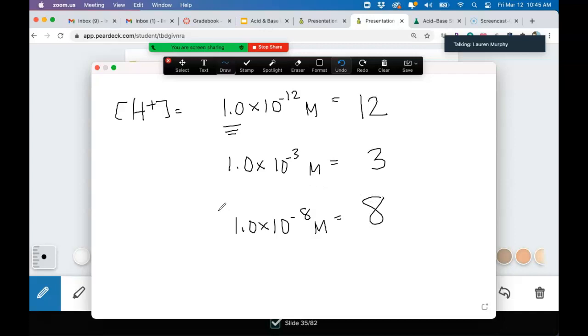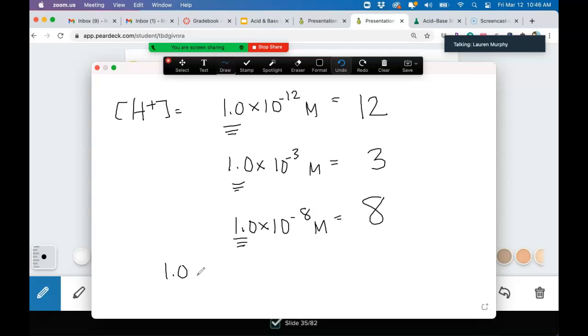If you remember, there are parts of the test, the MCQ part, where you're technically not allowed a calculator, and they do expect you to be able to do this without a calculator. So that's why I'm showing it to you. So having said that, what was the concentration of hydrogen ion in pure water? Do you remember? The hydrogen and hydroxide were both the same number, is that right?